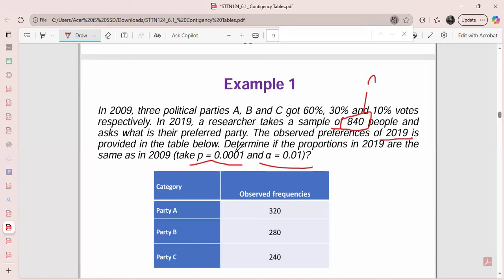Obviously, the bigger one is 0,01, the alpha. So therefore, the p-value is less than alpha. What do we do? We reject the null hypothesis. Then after, we make a conclusion. That's it. But now let's do the steps and how to get the expected and so on. I just gave you an idea that by just looking at the p-value and the level of significance, you can make a conclusion.